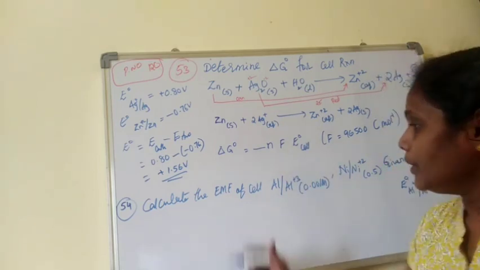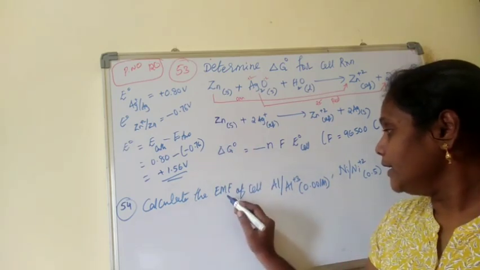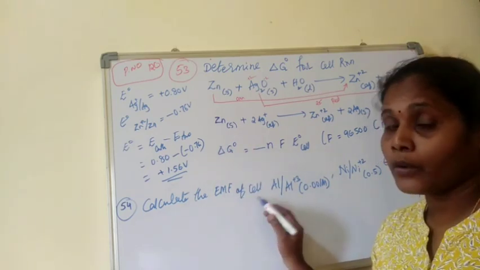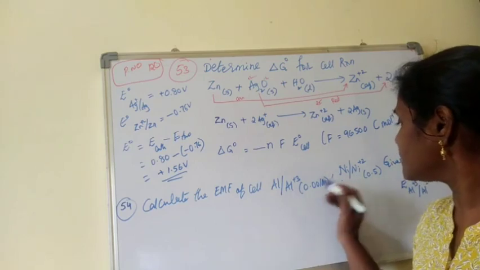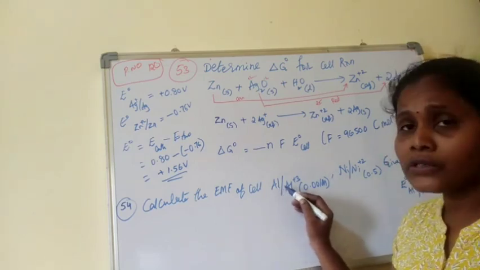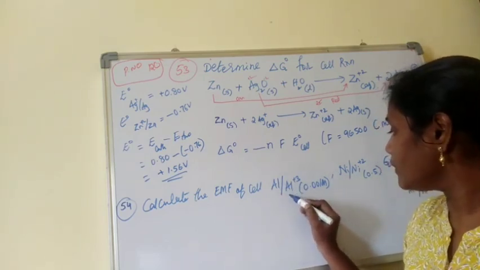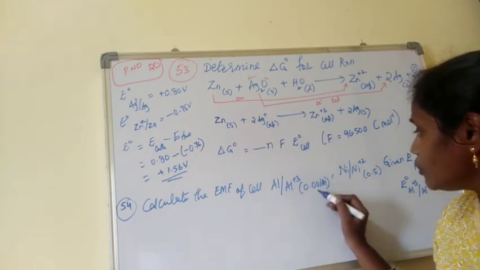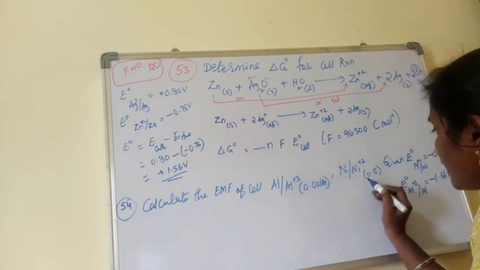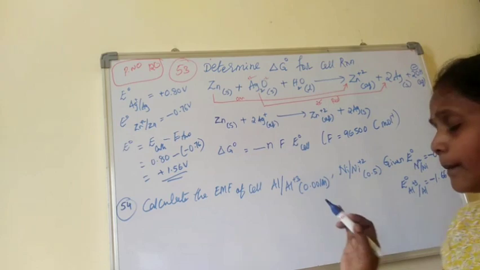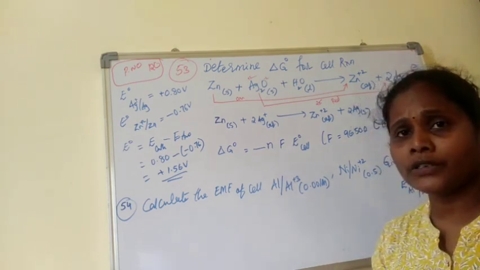Now, next one: calculate the EMF of the cell whose half cell reactions are these. Aluminium converting into aluminium plus 3, with its concentration given, and nickel 0.5 he has given. But he didn't give us the reaction.